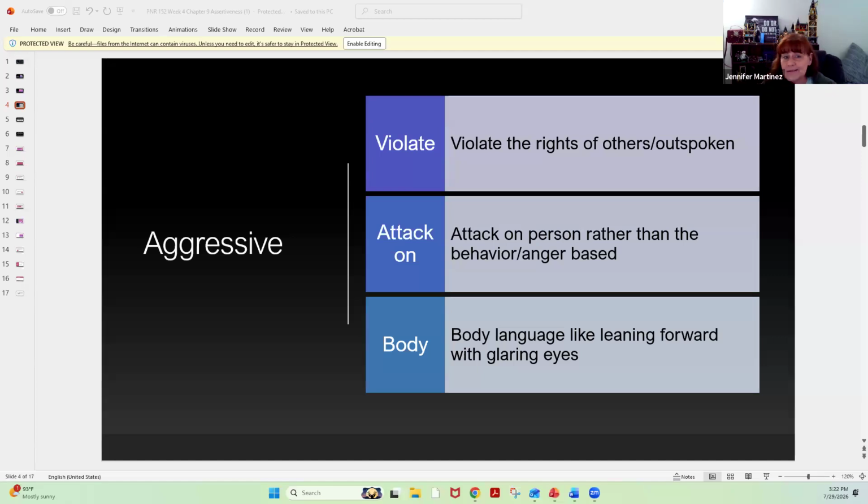And I'm sure everybody has come across an aggressive person in their life that has had this type of behavior. An aggressive nurse is not an advocate for their patients or their clients because they're too busy taking care of themselves.